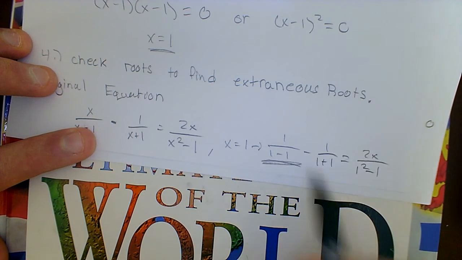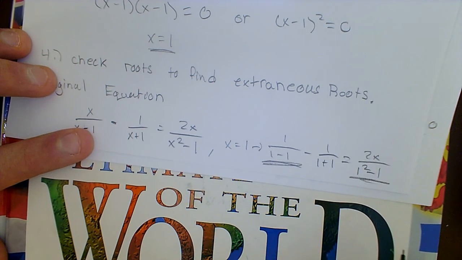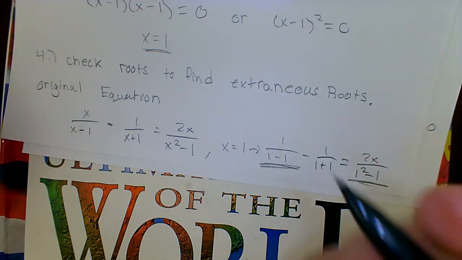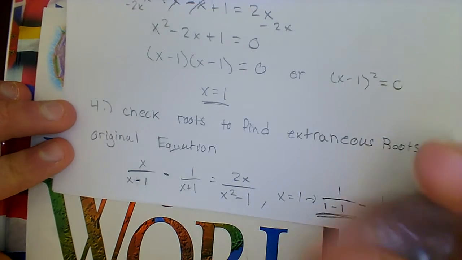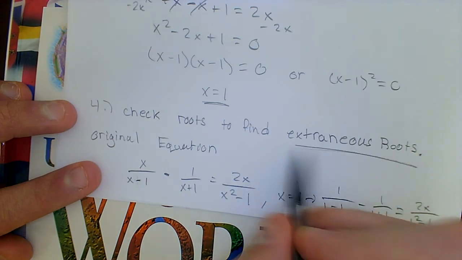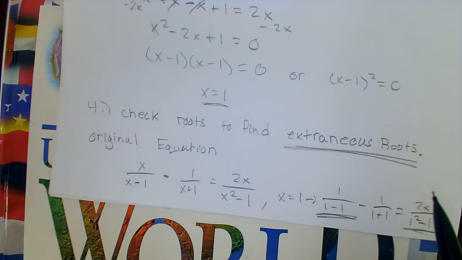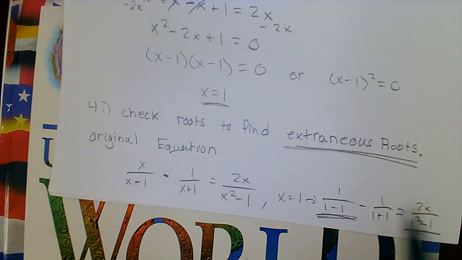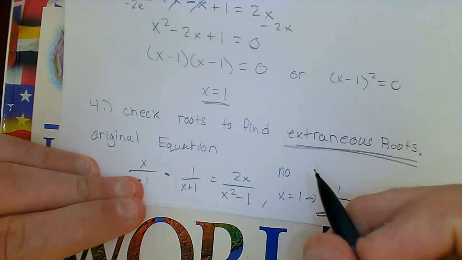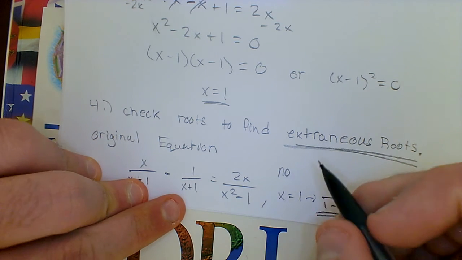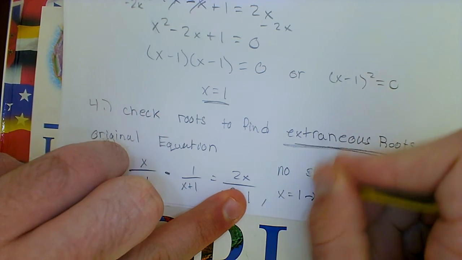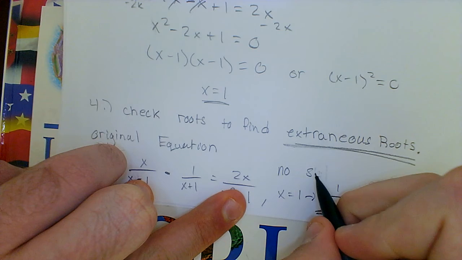So another problem. So here, in both of these terms, we're dividing by 0, and that's a no-no. Okay, so it turns out that this solution, x equals 1, is an extraneous root, and so you actually have no solutions.